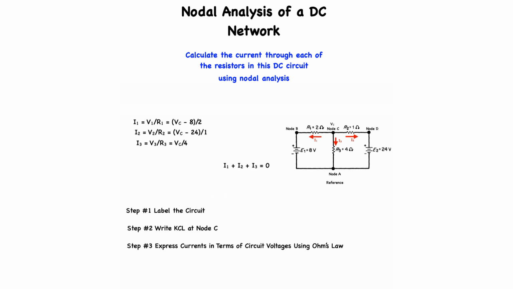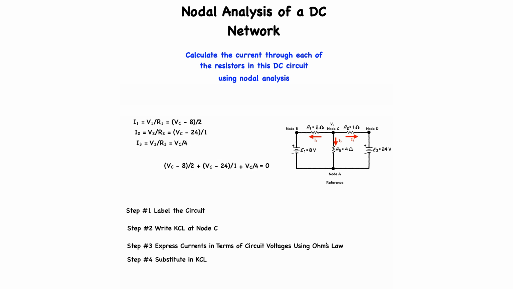Substituting the current equations obtained in step 3 into Kirchhoff's current law of step 2, I1 plus I2 plus I3 equals 0 becomes the quantity VC minus 8 all over 2, plus the quantity VC minus 24 all over 1, plus VC over 4, is equal to 0.